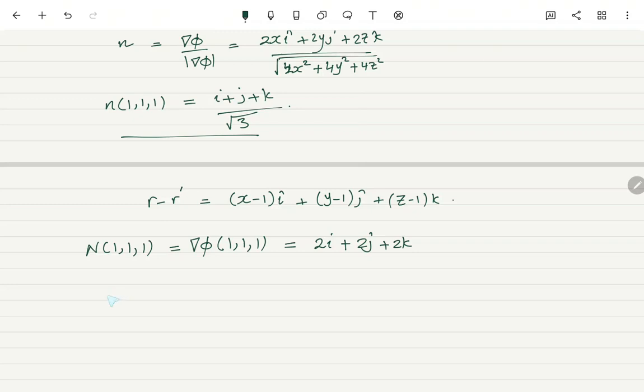Since n at the point (1, 1, 1) and r minus r prime are perpendicular to each other, n dot (r minus r prime) has to be equal to 0.